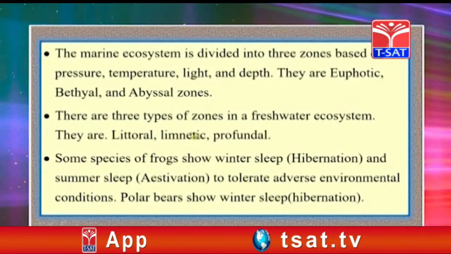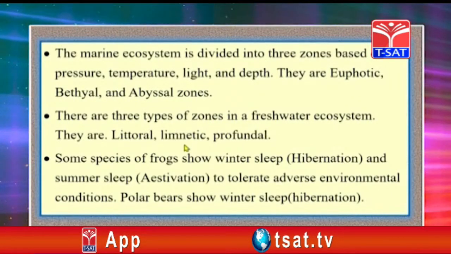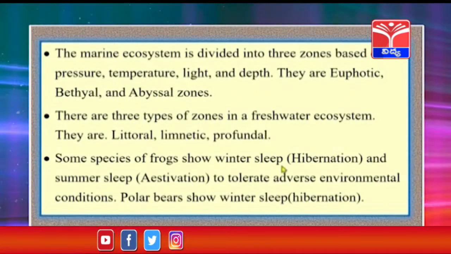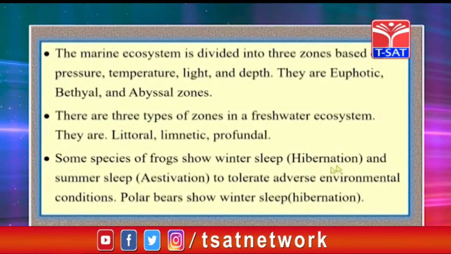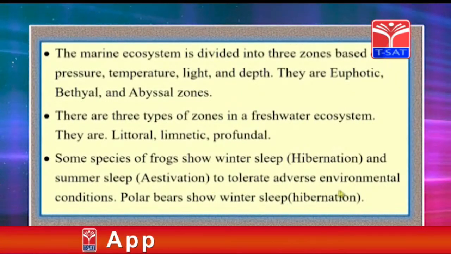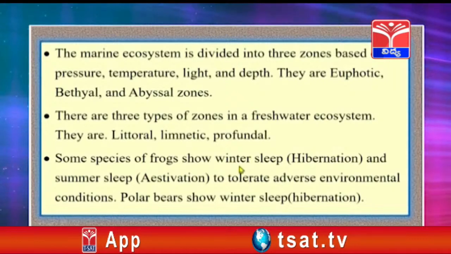There are 3 types of zones in a freshwater ecosystem. They are littoral, limnetic and profundal. Some species of frogs show winter sleep, that is called hibernation, and summer sleep, which is called estivation, to tolerate adverse environmental conditions. Polar bears also show winter sleep.